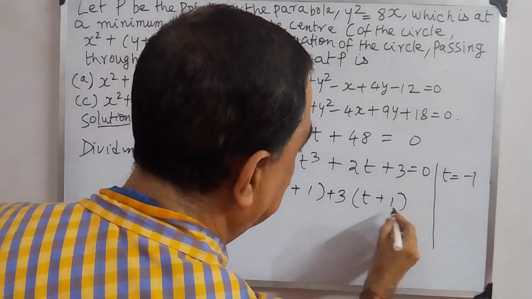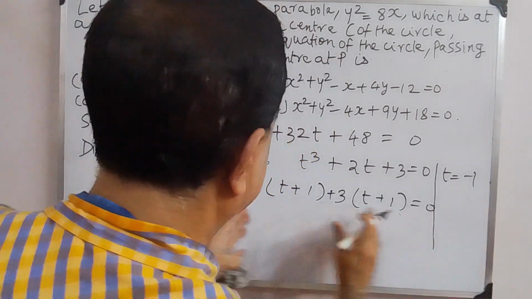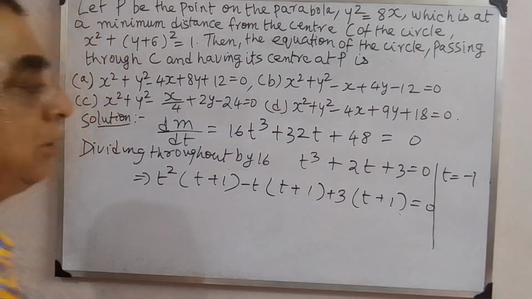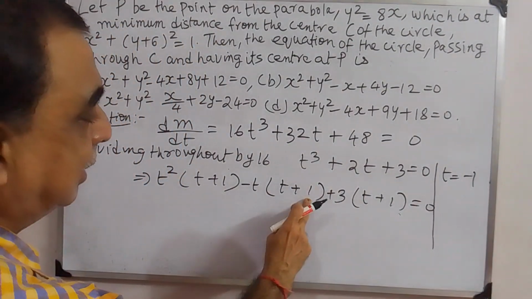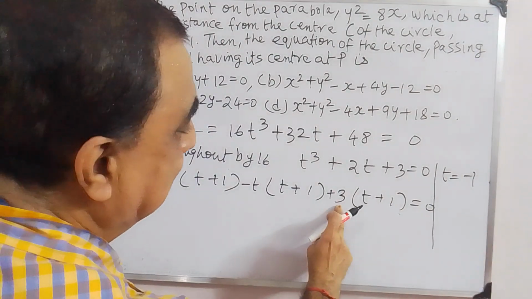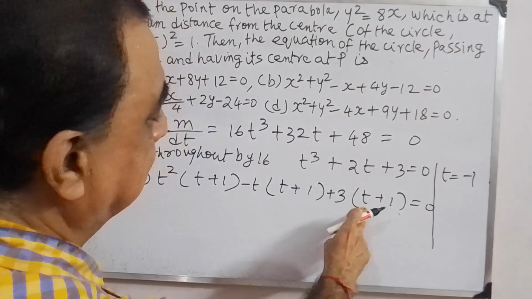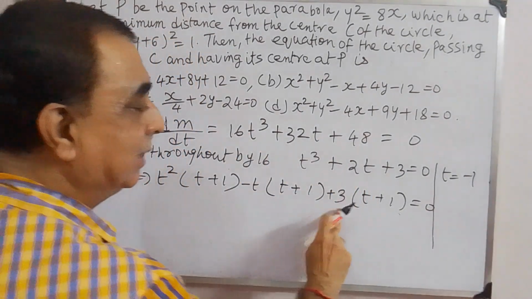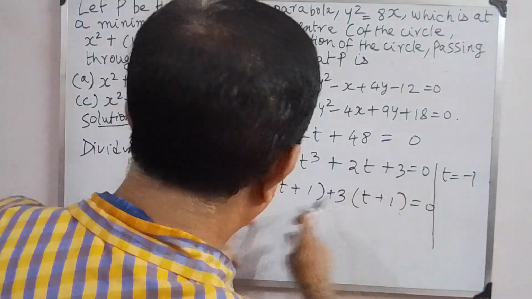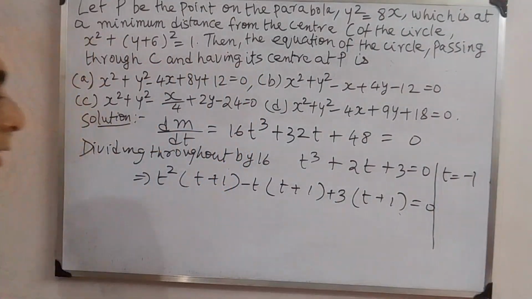Okay, here also I will put t plus 1, in all the brackets t plus 1, because here we have got t equals minus 1. Now see here, minus t into 1 is minus t, and here 3 into t is plus 3t. So minus t plus 3t is 2t, and 3 into 1 is 3. So this equation and this equation become identical.